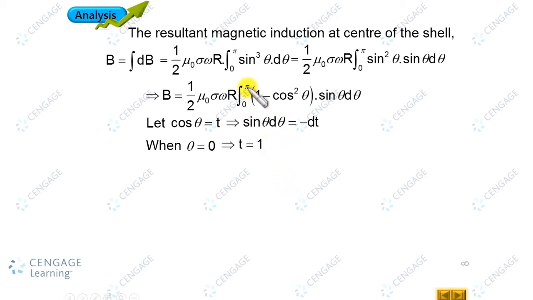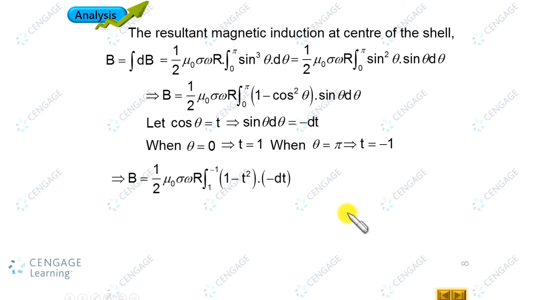Now if we place theta equal to pi here, cos pi equals minus 1, that means t equals minus 1. That means the limit of integration after substitution should be from 1 to minus 1, and the integral will be 1 to minus 1, and here will be 1 minus t square, and this is minus dt, like this. Now we can rearrange this relation.